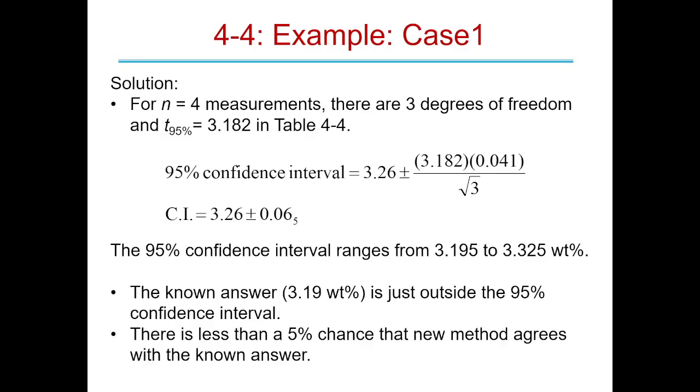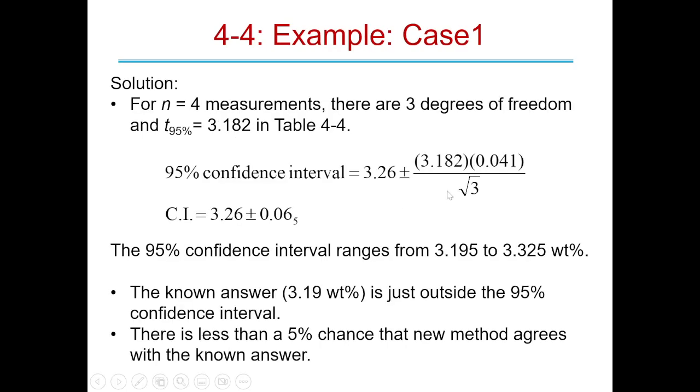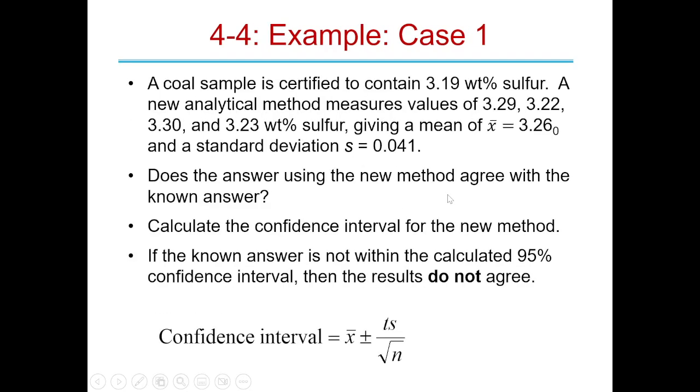Okay, so for the 95% confidence interval, our equation is going to be 3.26 plus or minus our t-value, which is 3.182, times our standard deviation, 0.041, divided by the square root of 3. Ooh. Actually, I'm pretty sure that's wrong.